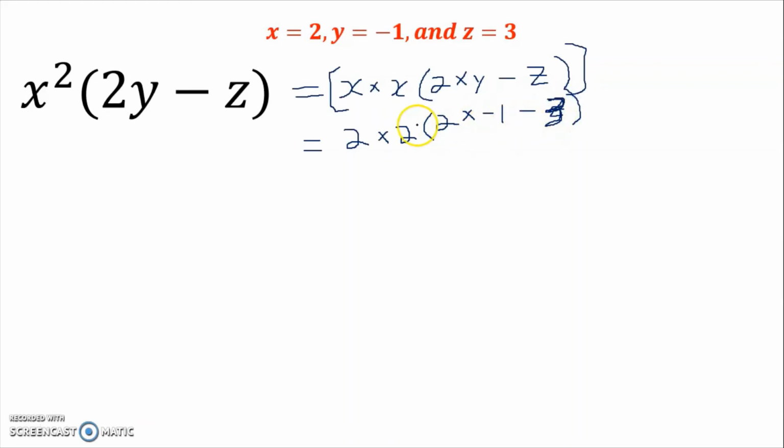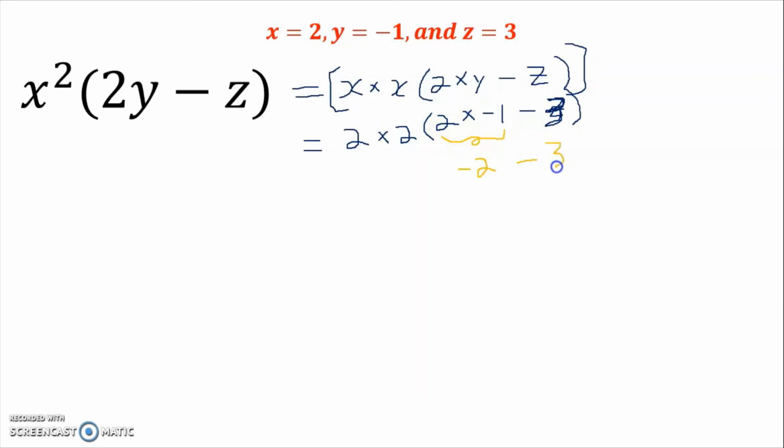Now we need to work out what is inside of the bracket first. Even inside of the bracket we must work from left to right, multiplication first. So 2 times -1, this 2 times this -1 would give us -2, because a negative number times a positive number is equal to a negative number.